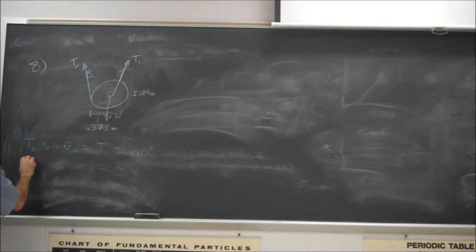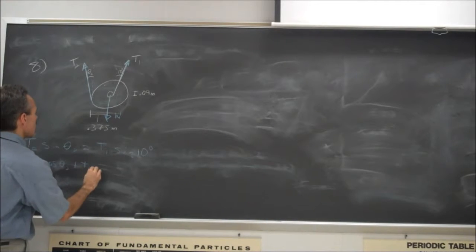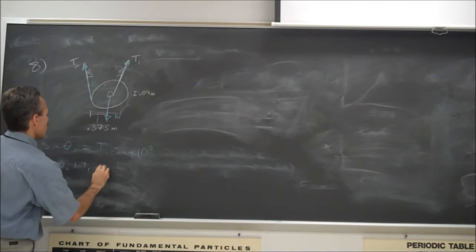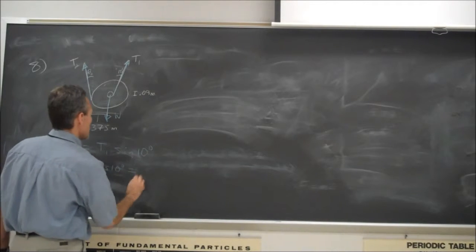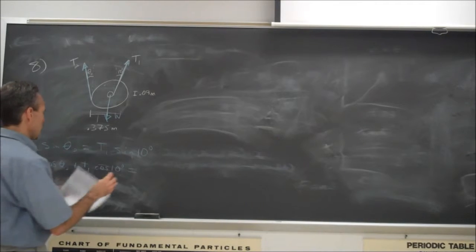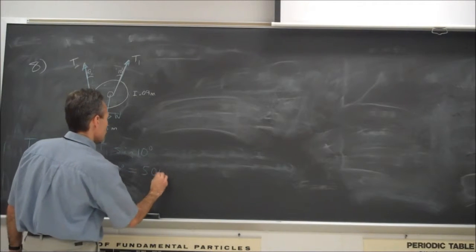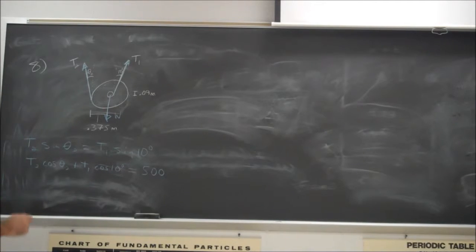I know that T2 cosine of theta 2 plus T1 cosine of 10 degrees must be equal to the weight. And the mass of the thing is 50 kilograms, so the weight is 500 newtons. So we can see we have three unknowns, T1, T2, and the angle.